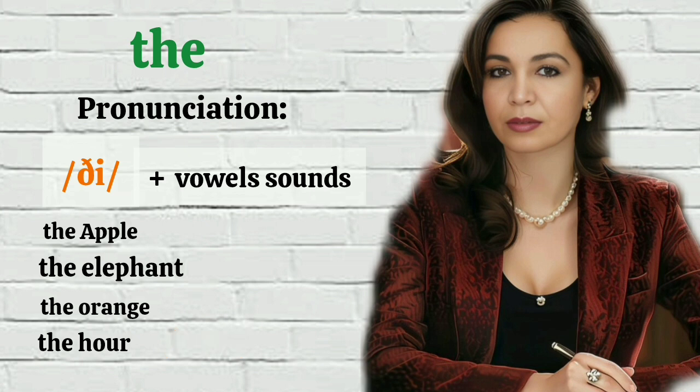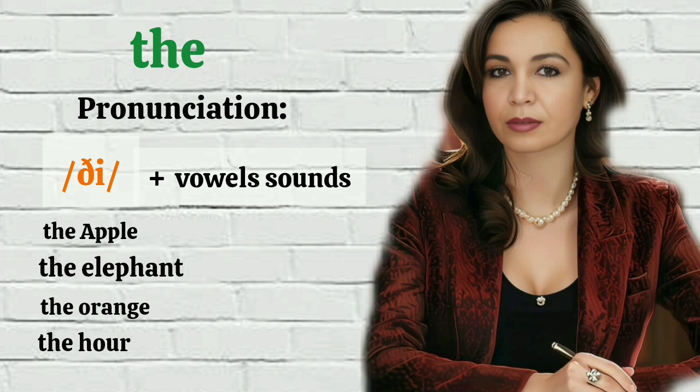Now here is the important rule. In order to link the two words together, the sound flows from one word into the next. Thee apple, thee elephant, thee hour. And here the native speakers add a little sound between the two words to link them together, because the first word ends with a vowel and the next word starts with a vowel.